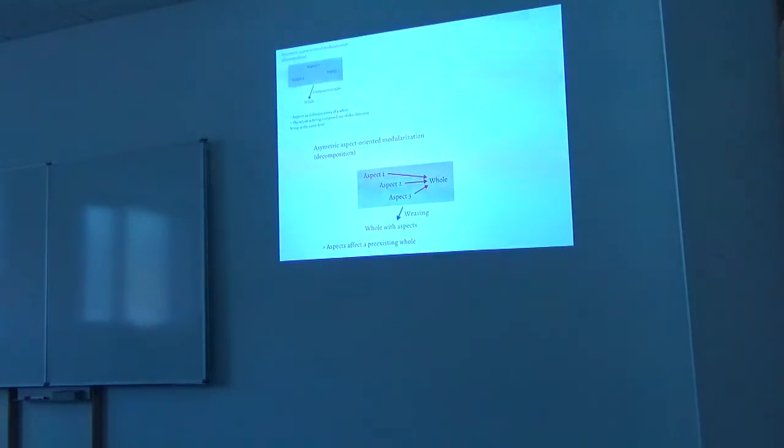So here this whole has this basic part. Maybe the diagram is not completely correct. Yeah, whole with aspects here. So you have this basic whole, basic program, and when aspects are woven, you get this whole with aspects.